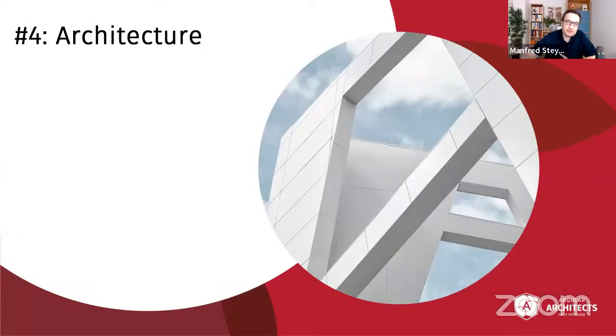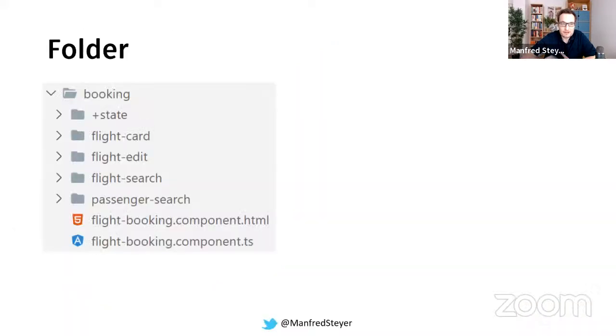Now the big question is, what does all of this mean for our architecture? Well, the good message is you could just use folders to subdivide your huge application into tiny parts. It's really that lightweight. You could just use folders. You could also go one step further and define barrels per folder.